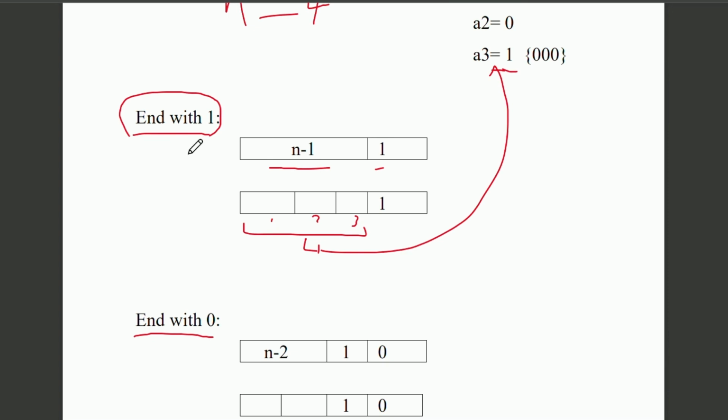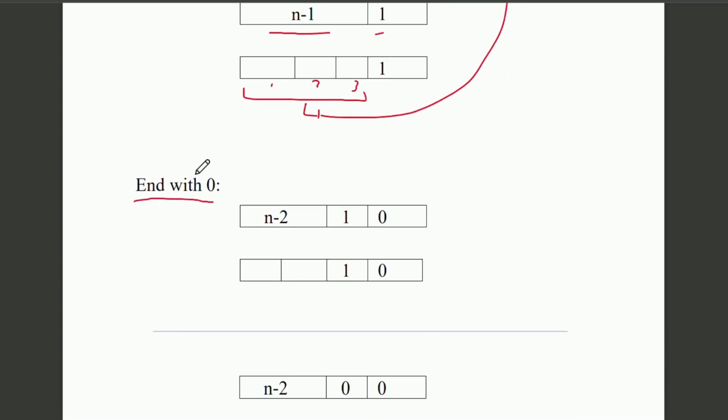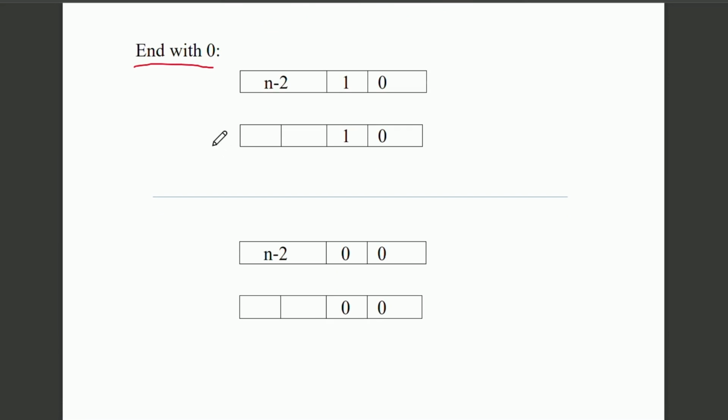Now we move on to ending with 0. If we end the last bit with a 0, it can give us many different possibilities. First, the last bit is 0 and the second last is 1. We have already confirmed the last 2 bits, so we only have 2 empty bits remaining.